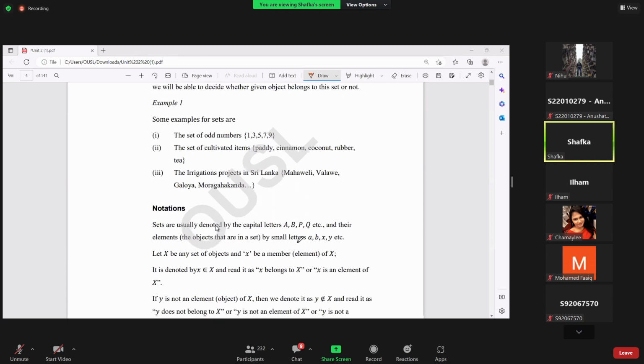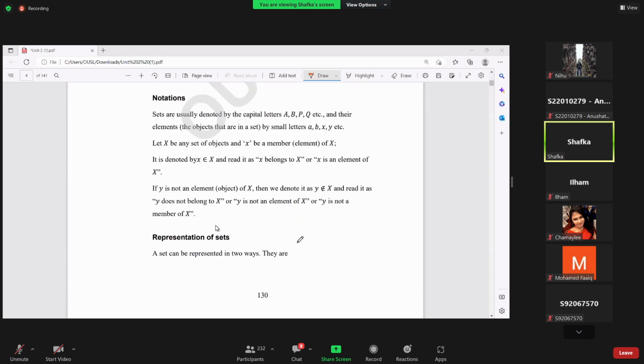Okay, so let's move to the notation of sets. Sets are usually denoted by capital letters. Okay, capital letters. There are some specific letters that we are not using for some sets. Those are U. U means the universal set.